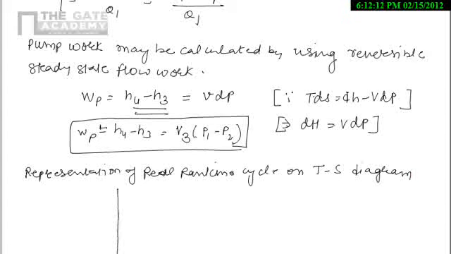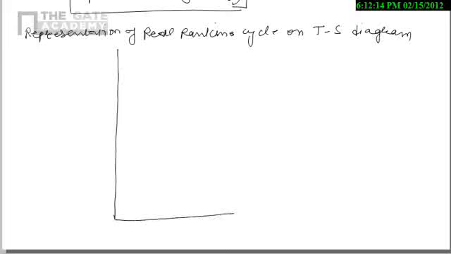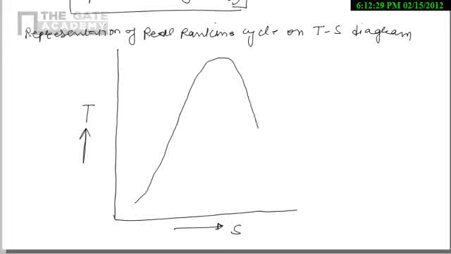Now I will draw the TS diagram, and in that diagram I will represent both the ideal as well as the real Rankine cycle. So this one is our dome. First I will draw the real cycle.